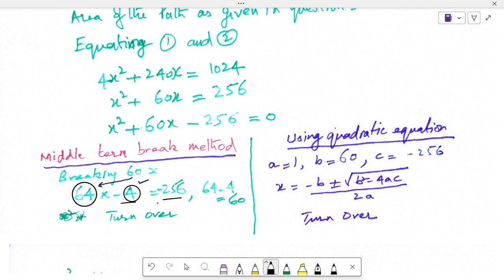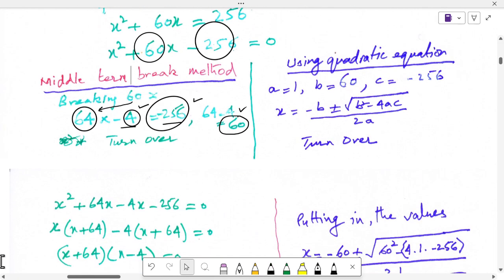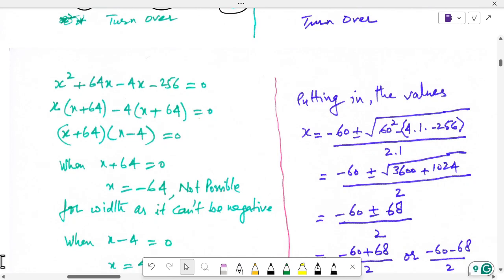So 64 times minus 4 gives minus 256, which is okay as the third term of the equation, and 64 minus 4 is equal to 60, which is also okay as the middle term of the equation. So I write down x squared plus 64x minus 4x minus 256 equal to 0.